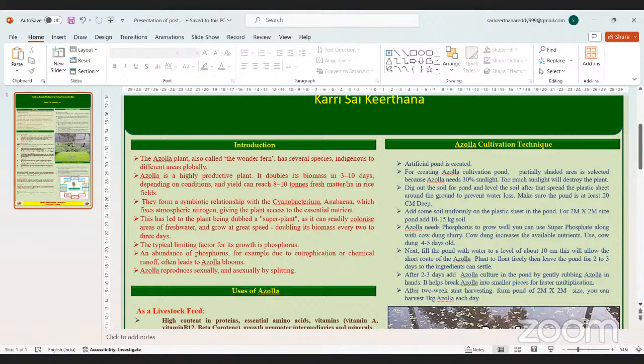They form a symbiotic relationship with the cyanobacterium Anabaena, which fixes atmospheric nitrogen, giving the plant access to essential nutrients. The typical limiting factor for its growth is phosphorus, and an abundance of phosphorus, for example due to eutrophication or chemical runoff, often leads to Azolla blooms. Azolla reproduces sexually and asexually by splitting.